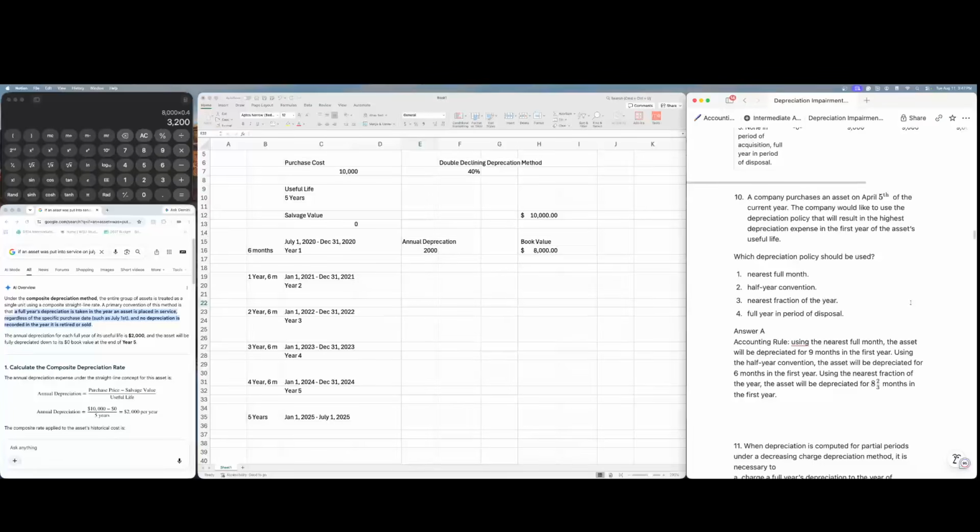With double declining, the depreciable cost will be deducted from the book value, and then the annual depreciation will be recalculated based off of the new book value. Those are the things you just have to really know about depreciation.